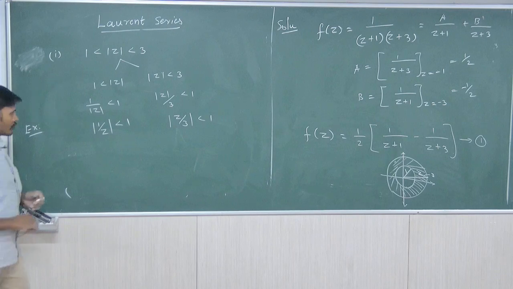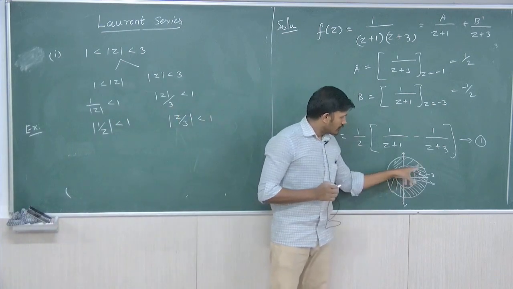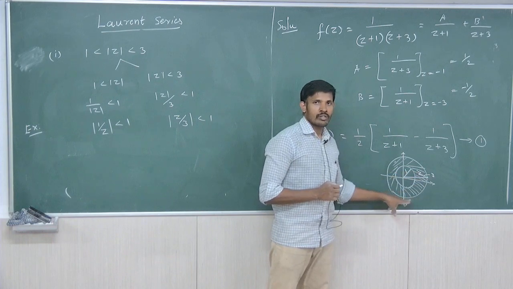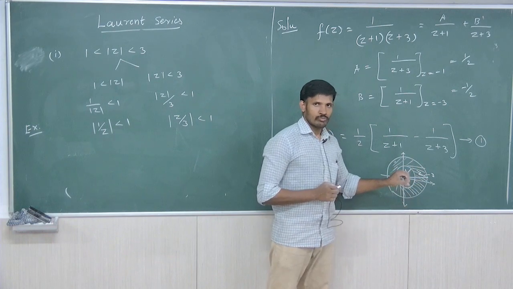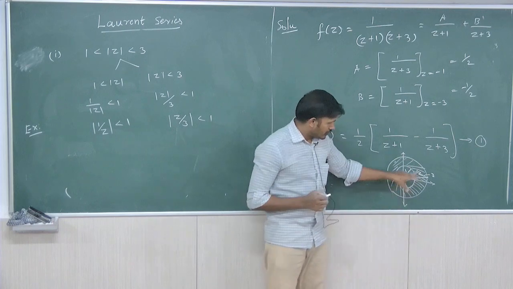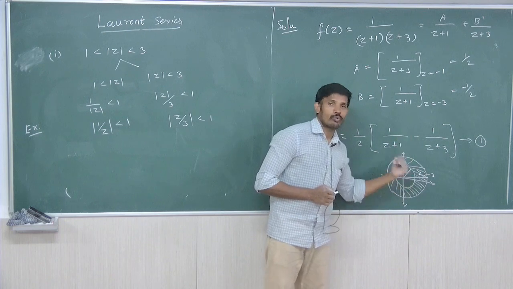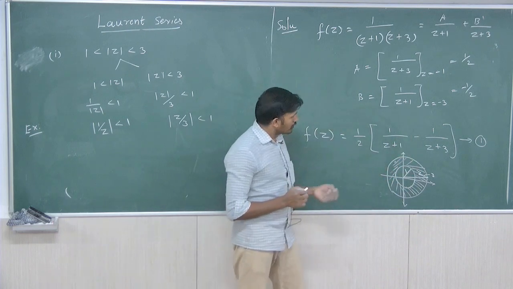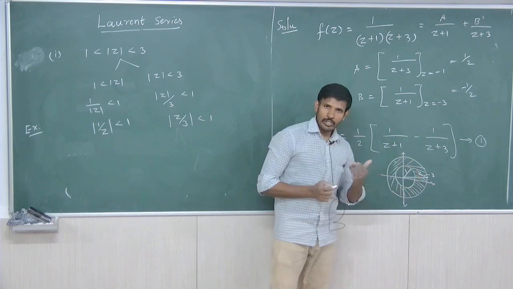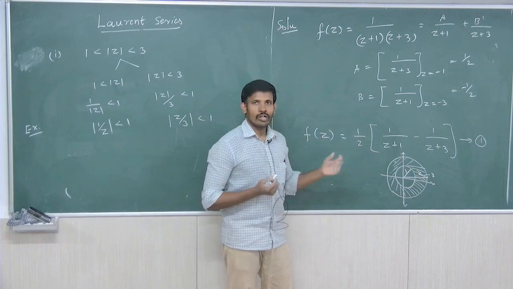That means, if you take any point inside this region, the corresponding 1 by z is also less than 1. Suppose you take z equal to 2, what is 1 by 2? It is also less than 1.